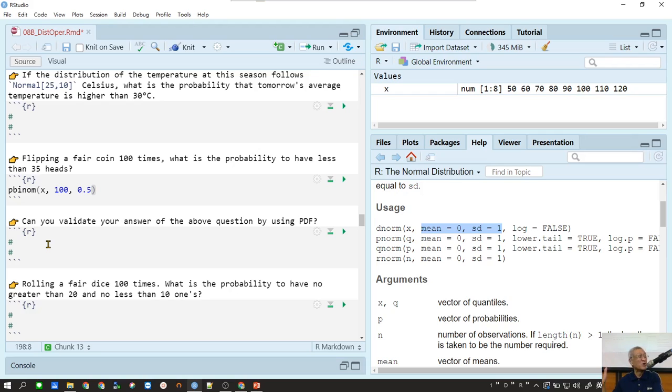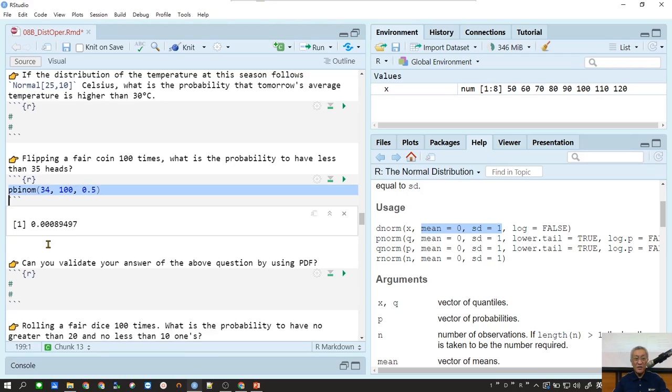So what should be the X? Yeah? Probability of 0 to 34. So probability 0 plus 1 plus 2 and so on. Yeah, you can add everything from 0 to 34. Or you can use just the P function and use 34. Right? This should be the same.